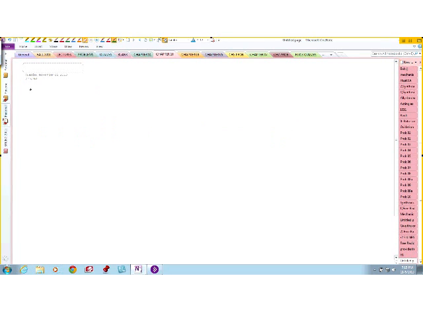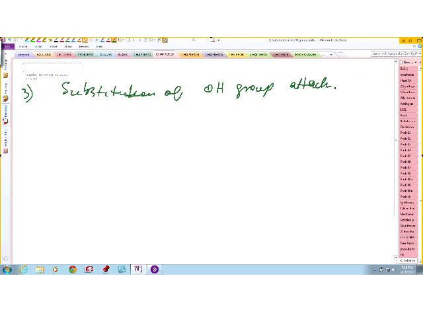I believe this is number 3. Substitution of the OH group attached to an sp3 carbon.